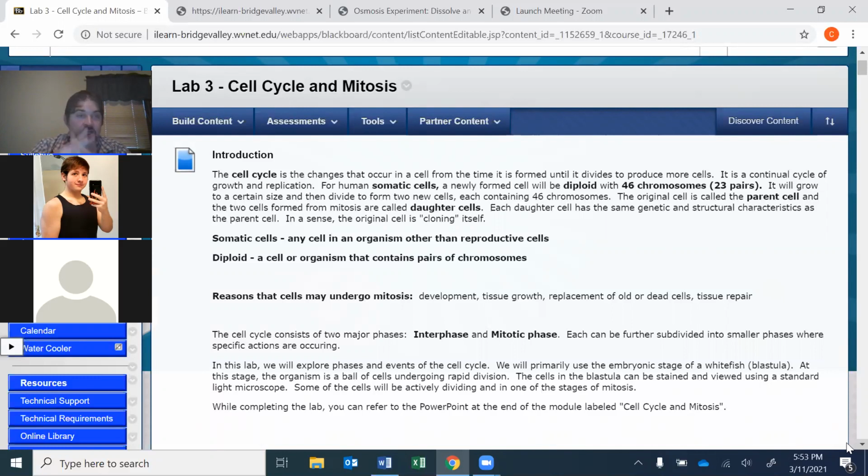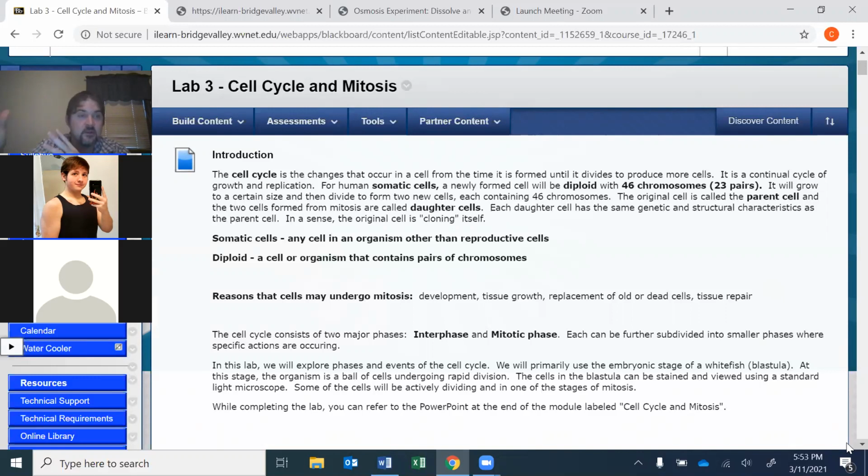If you looked inside your cells, you would have 2 copies of chromosome 1, 1 from your mom and 1 from your dad. You'll have 2 copies of chromosome 2, 1 from your mom, 1 from your dad, and then 2 copies of chromosome 3, all the way down the line.